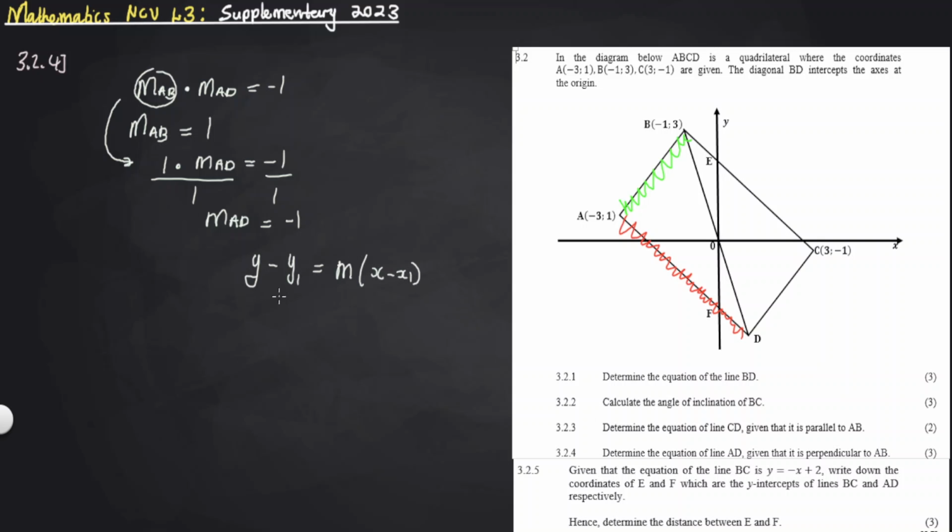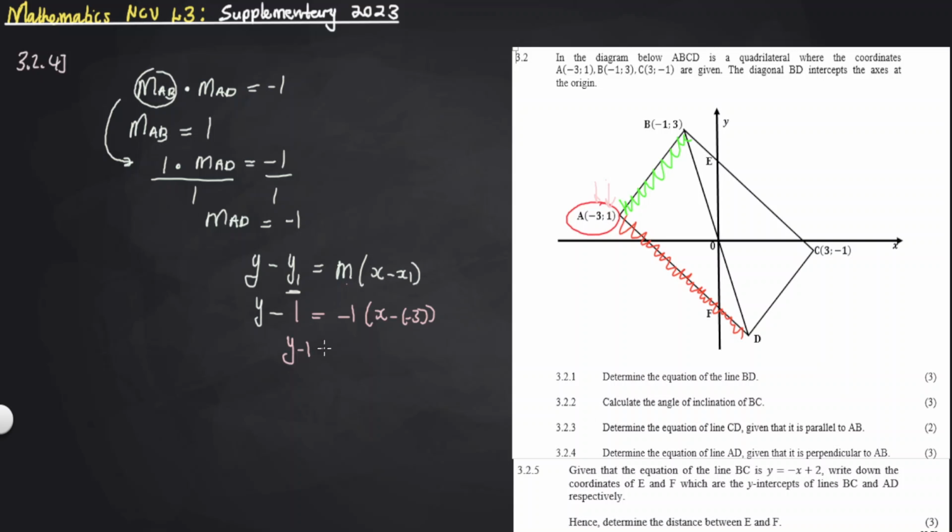Along the red line, I have point A as a coordinate, so let us substitute A. So y1 is 1, m is minus 1, and x1 is negative 3, so it's minus negative 3, close bracket.